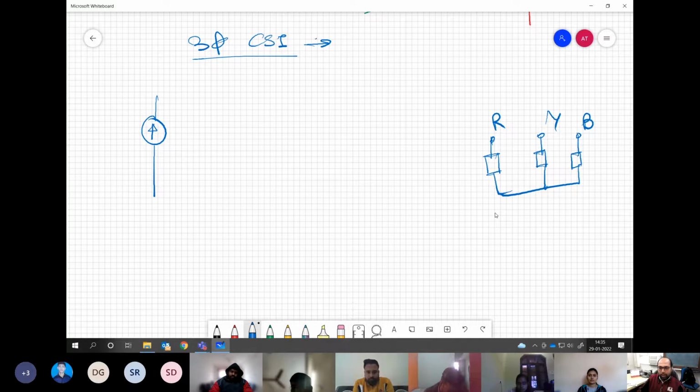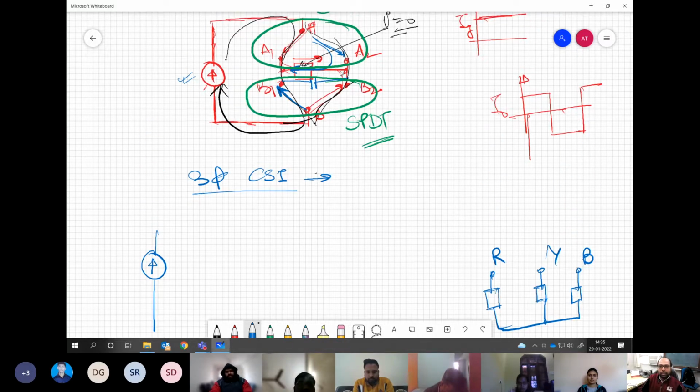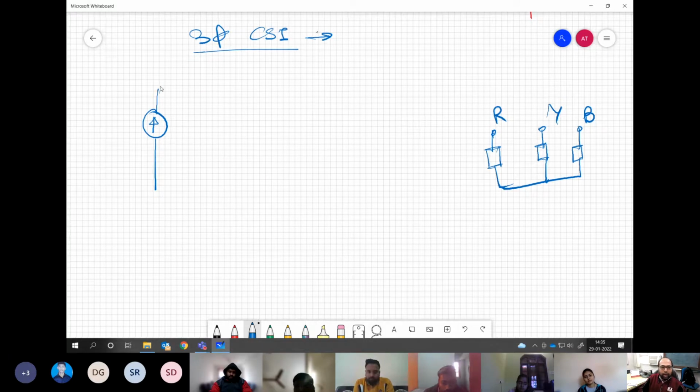So what was happening in the previous case is that whenever we are connecting this SPDT switch to any of the options, the current is either flowing through the load in this direction or the opposite direction, or even via the shorting terminals, but it is returning back to the source. So this loop is completed. Similarly, instead of an SPDT switch, we will have an SPTT switch, single pole triple throw switch.